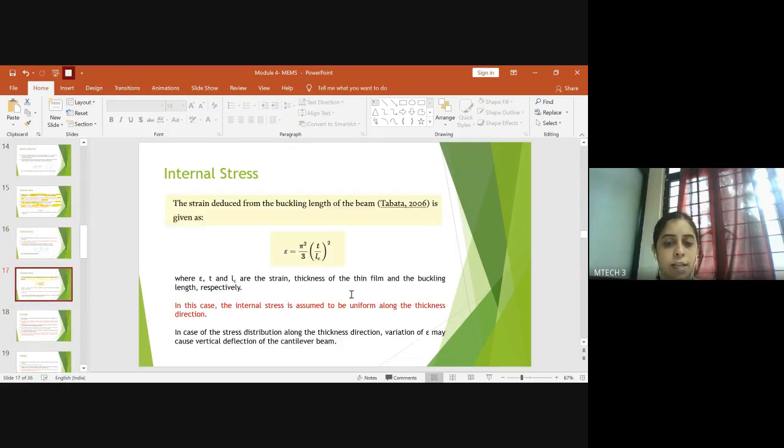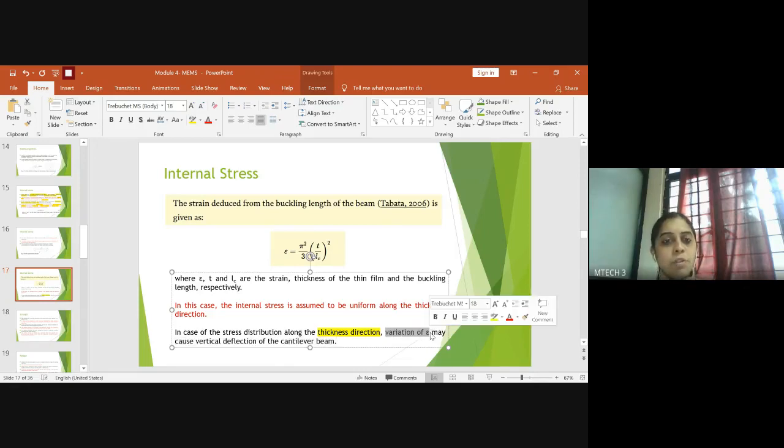After that, he figured out the stress distribution. What is the stress distribution across the thickness direction? He evaluated it across the direction of the thickness. How did he determine it? He varied the strain, the value of the strain.